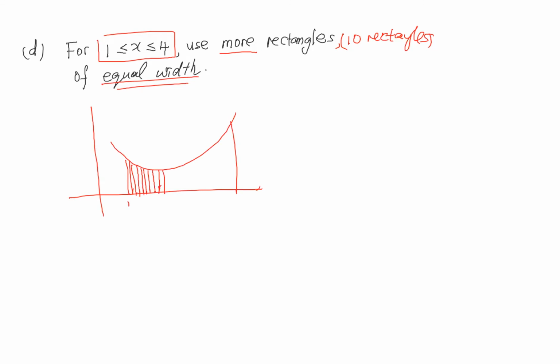Will that give a better approximation? Definitely not. Am I right? So the word equal width is very important. If you don't mention equal width, I will not give you 1 mark, and it won't give you a better approximation. That's why when you describe to someone to draw a certain thing, you have to be very specific. Do you get me? Okay.